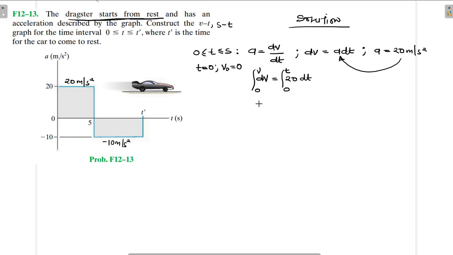If we integrate this, we have v equal to 20t, which is a linear equation. So from 0 to 5, we have v equal to 20t.